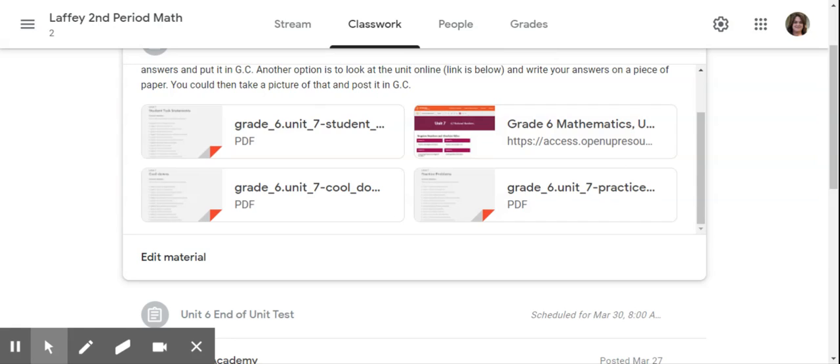All right, and we have one more question about that on the next page. Okay, and based on the chart, it's asking which is farther from sea level, the deepest point in the ocean or the top of the highest mountain.